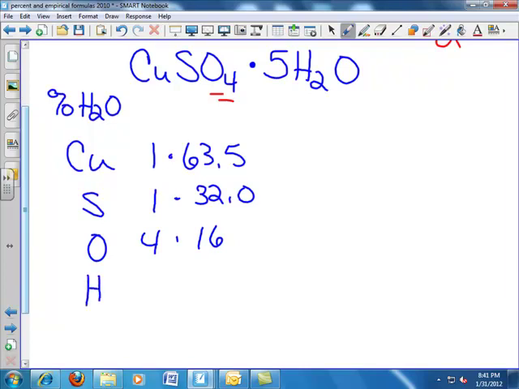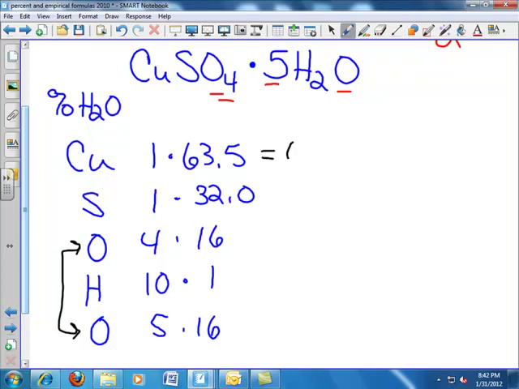And then hydrogens, how many hydrogens have I got? There's 10 of those at 1 gram per mole. And then, with this 5 and this oxygen, I have another 5 oxygens at 16 grams per mole. Now, if you see this, you can actually take these and combine them into one, and that's fine. I just separated them out so you can see it.